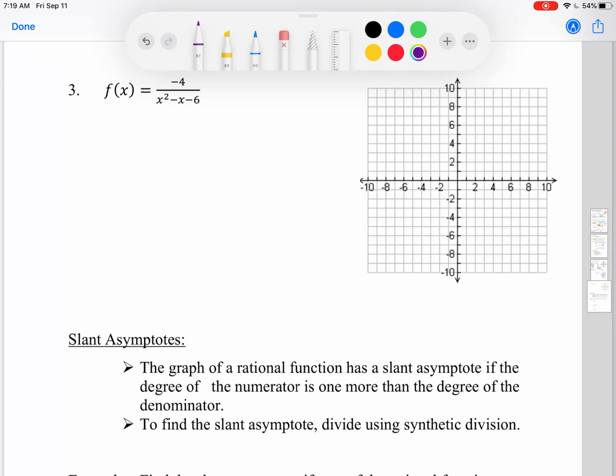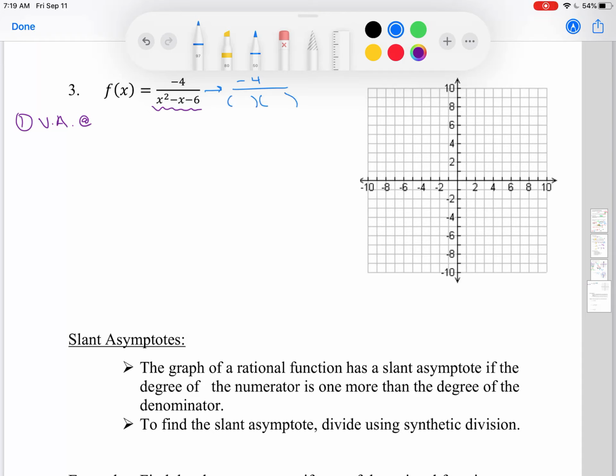Okay. Question 3 is going to end up looking pretty similar to question 2 up above. So when we go and we start factoring this, again, step 1, vertical asymptotes. We're focused on the denominator. So I'm going to rewrite this, -4.